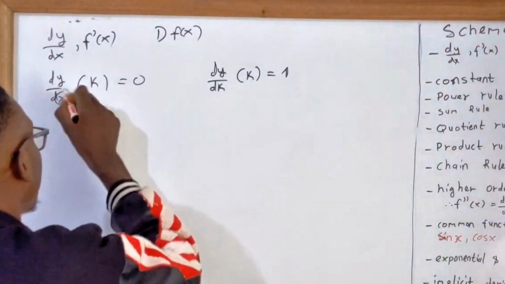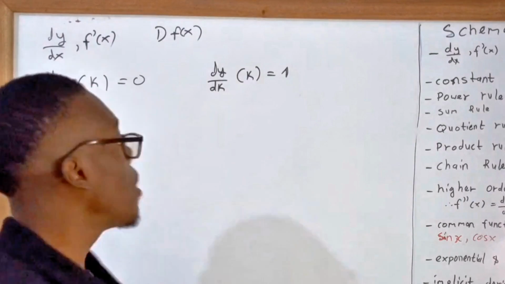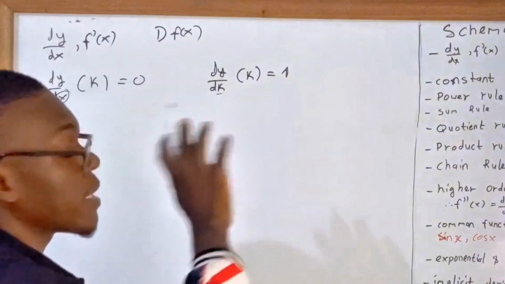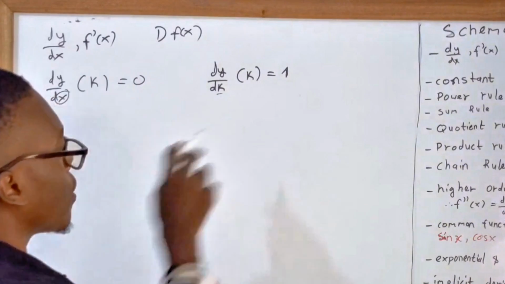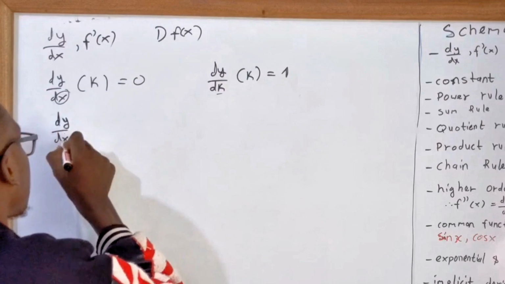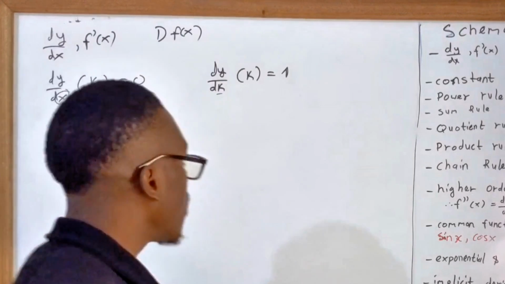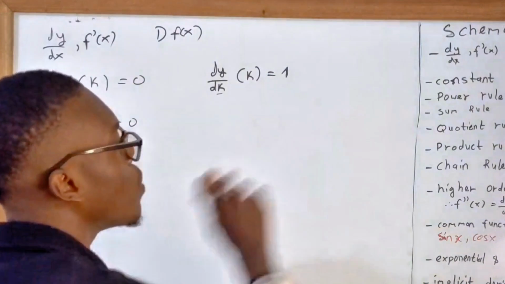Because of this x. Here it is with respect to x, and k here is a constant because there is no x there. But in this case, it's with respect to k, and k is included, so that is 1. And dy over dx of 1 like this is equal to 0. Take that into consideration.